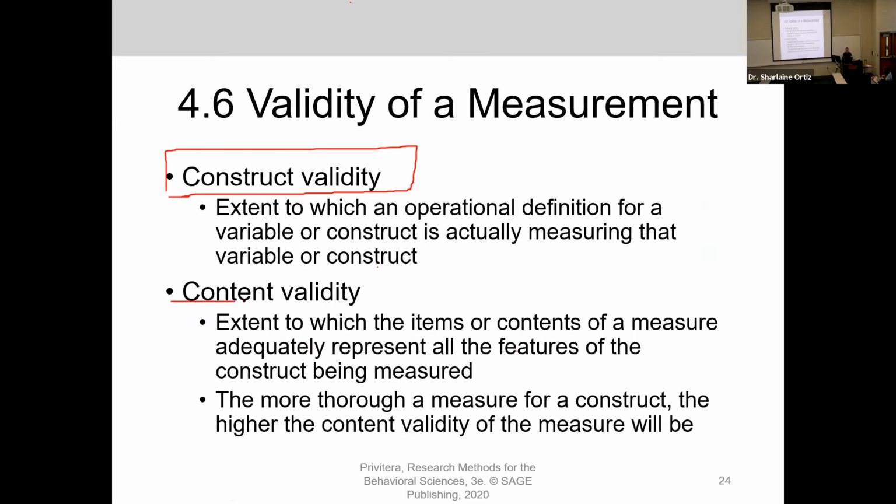Now, interestingly, we also have another method of determining validity. Is something measuring what it said it was going to measure? And that is content. When we're talking about content, it seems like the content of that assessment does represent all of those features, right?